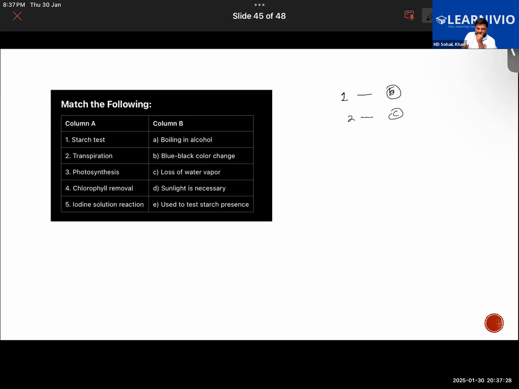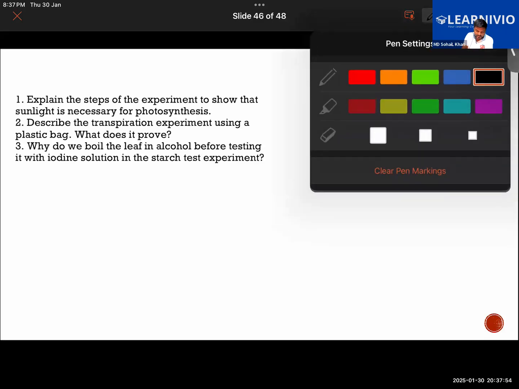Sunlight is necessary. Good. Chlorophyll removal. Boiling in alcohol. Good. Iodine solution. Iodine solution reaction is used to test starch presence. Well done.